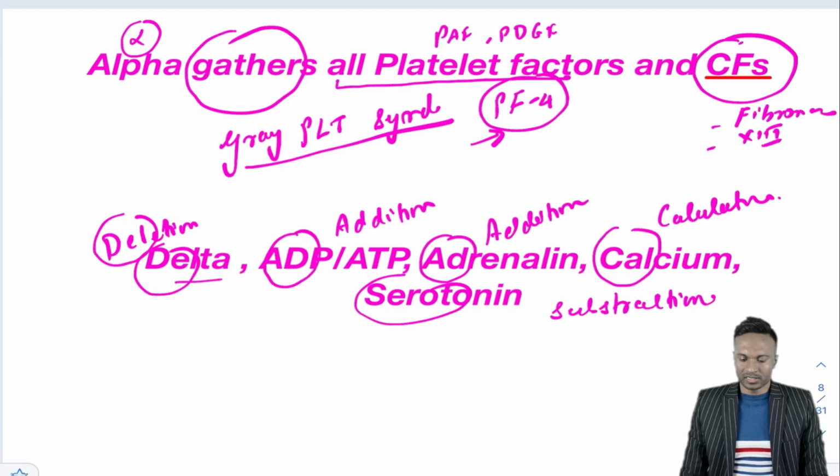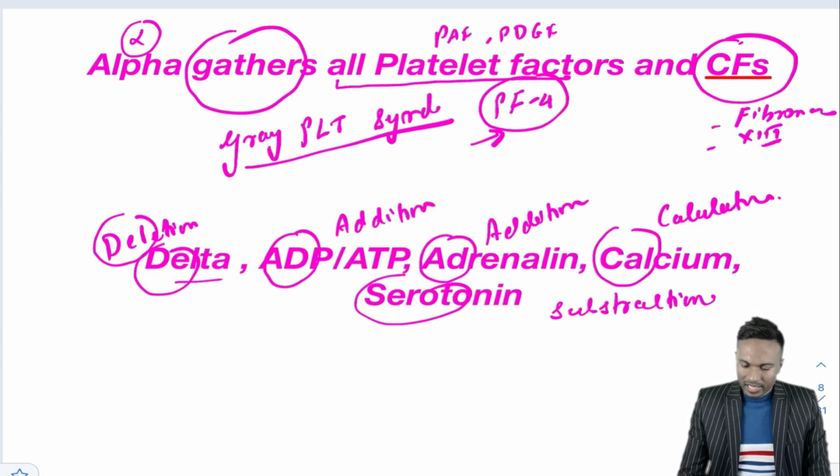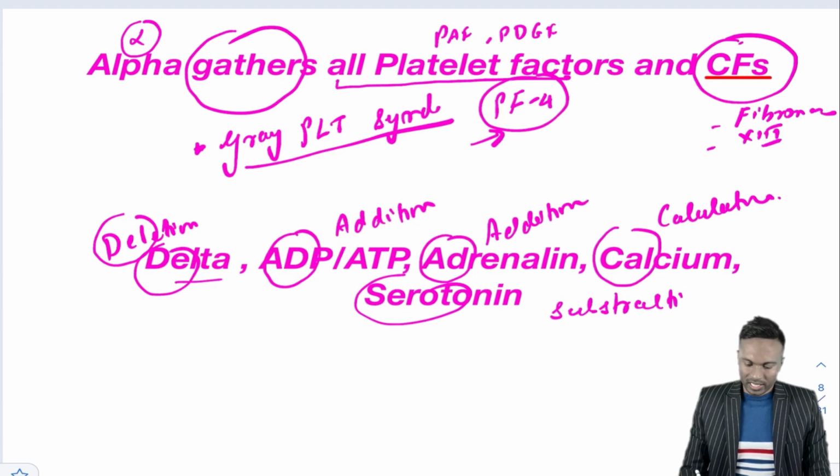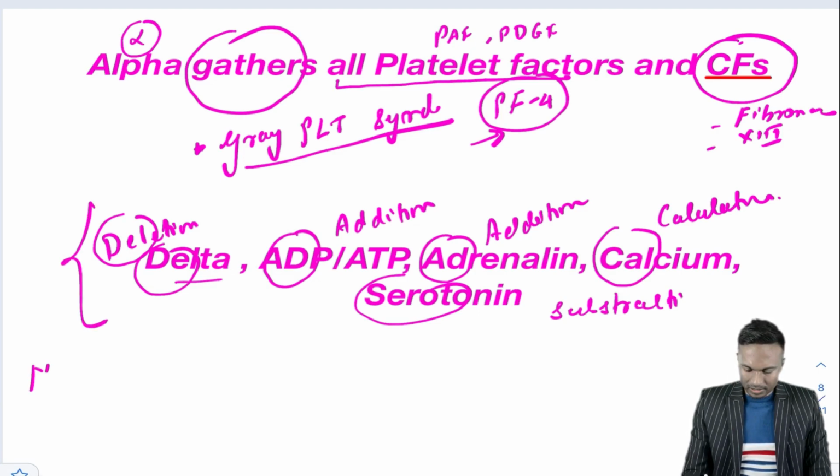Too simple to understand. By the help of mnemonic, alpha gathers all platelet factors and clotting factors. You can memorize platelet factors contained in alpha granules, and clotting factors, whichever are present in granules, are contained in alpha granules. Gathers was gray platelet syndrome. Then for dense granules or delta granules, you have mathematical terms.